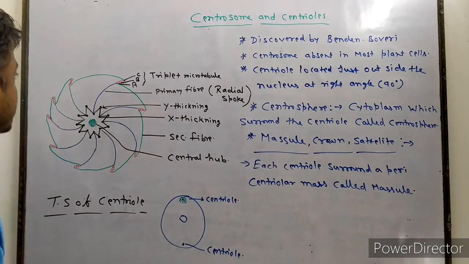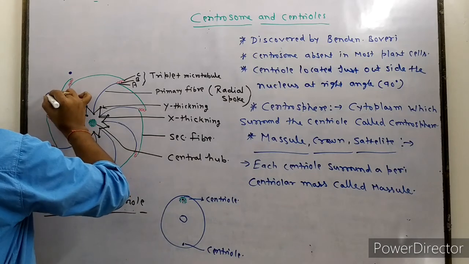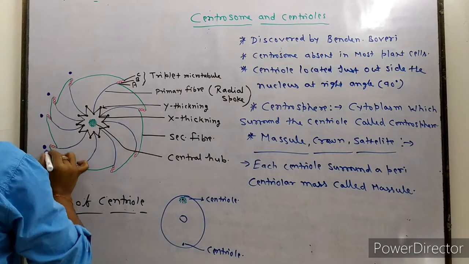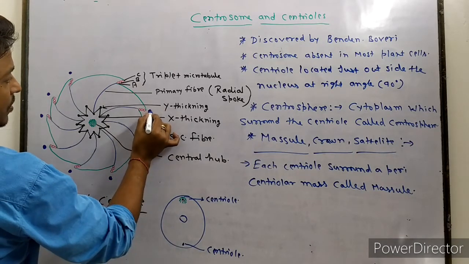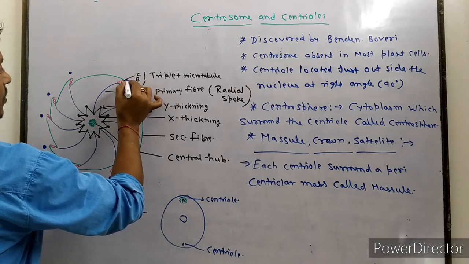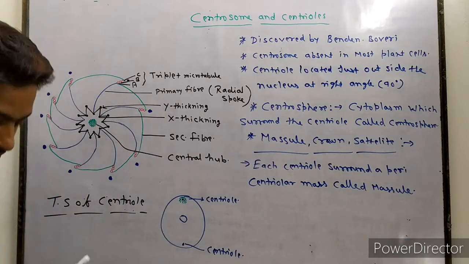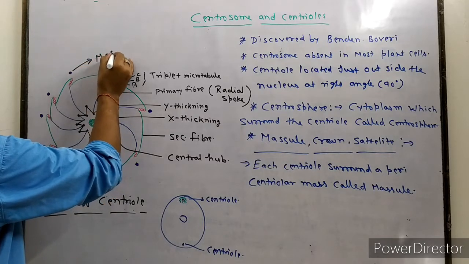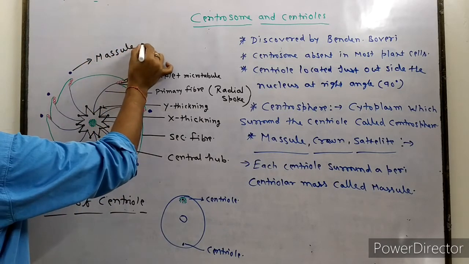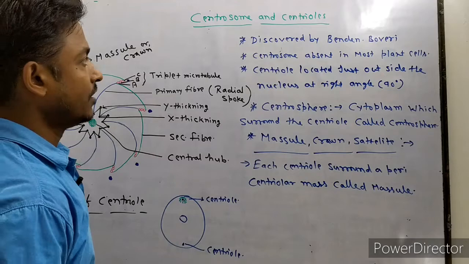Here we draw the macule, the pericentriolar mass. This one is macule or crown. Okay, clear?